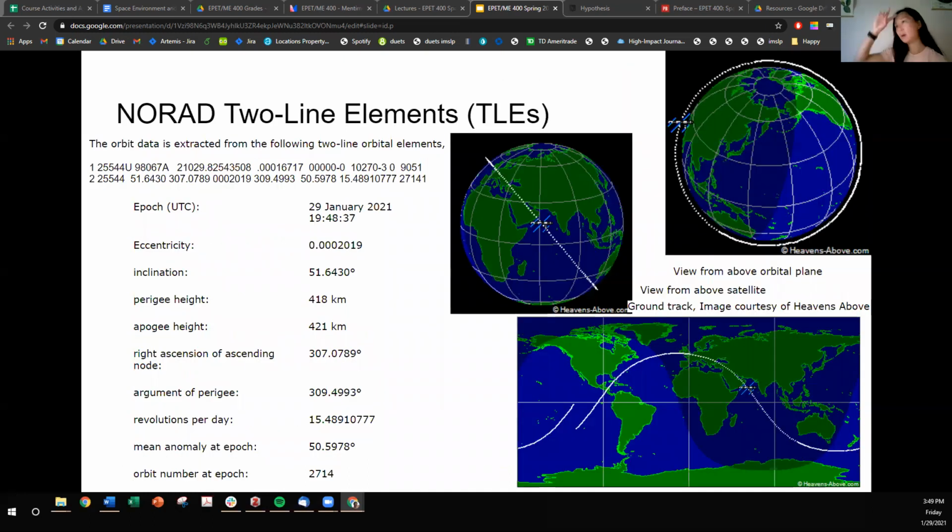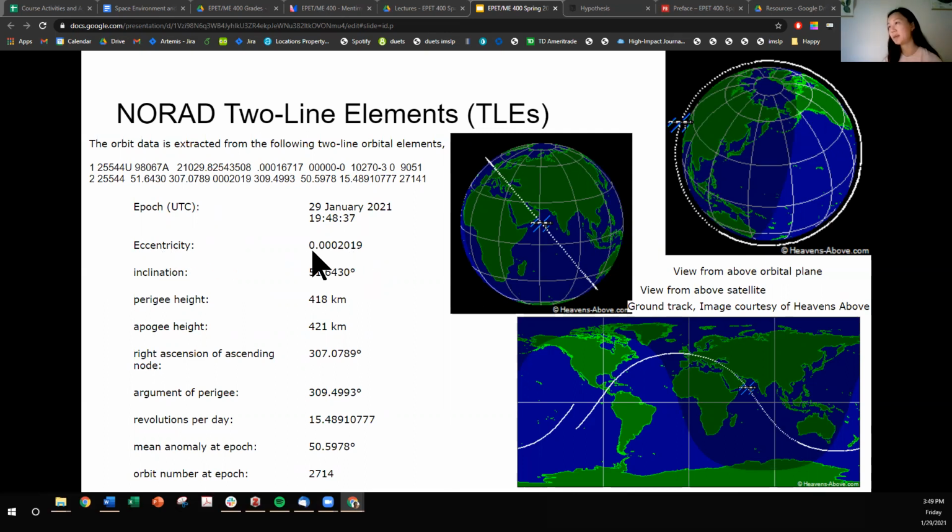Okay, orbital elements are typically represented in something called the NORAD two-line element, or TLEs. The orbit data can be extracted from this representation of data, where these numbers include epoch, so the time, and eccentricity, which we just talked about.